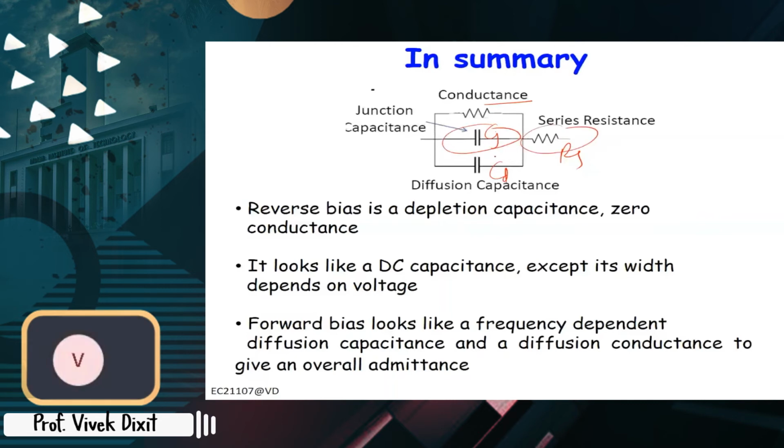In forward bias, the diffusion capacitance and the conductance dominate. For reverse bias, you can say it is just like a DC capacitance, and in forward bias, it is a frequency dependent diffusion capacitance and a diffusion conductance.